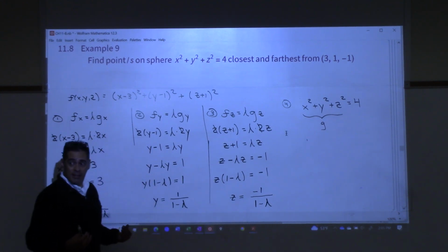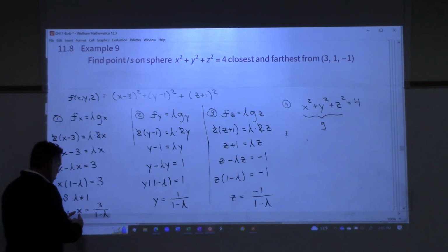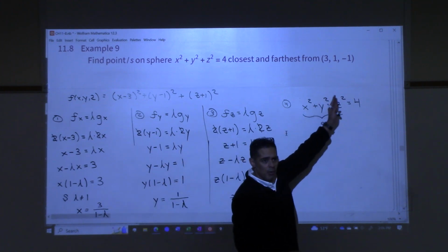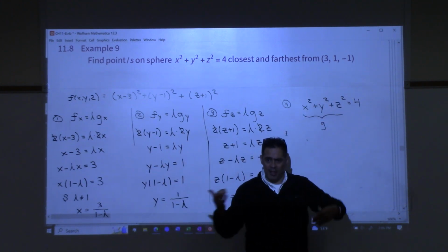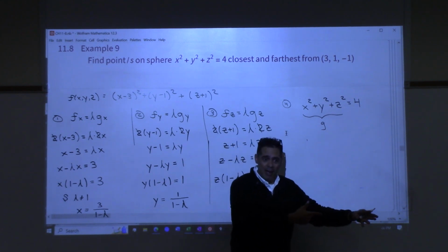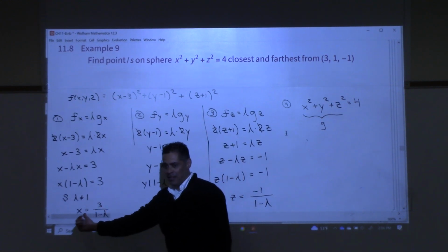The reason I did that is because now I can write x in terms of lambda, y in terms of lambda, z in terms of lambda. I can go into this equation, replace x, y, and z with those things with lambdas. Then I'll have a single equation with nothing but lambdas. Then I'll solve for lambda. Once I know what lambda is, I come back here, I get x, y, and z. That's where I'm headed.